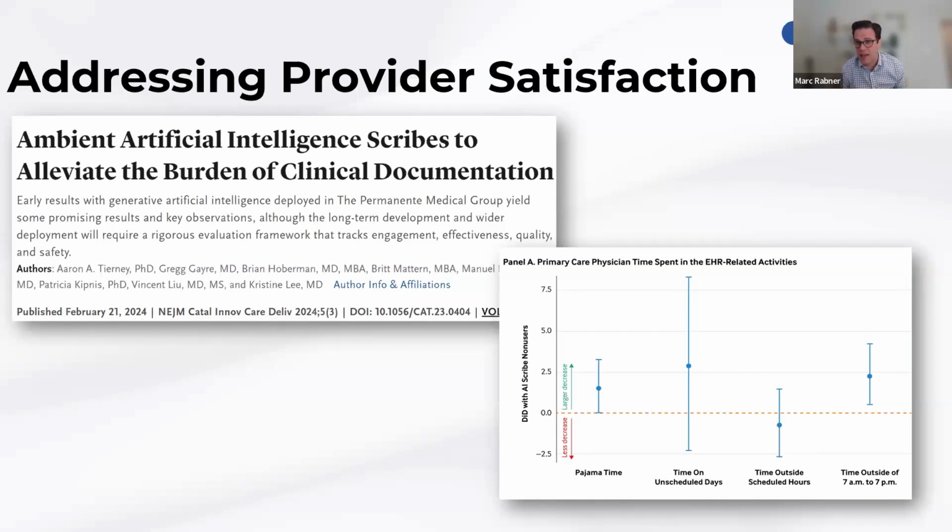And this is a study out of Kaiser Permanente Medical Group, where they piloted this program with 10,000 physicians and over 300,000 patient encounters. And then they compared the intervention to a control group. On the graph on the right, if you're above the dotted line, that means the ambient listening AI medical scribe is better compared to control.